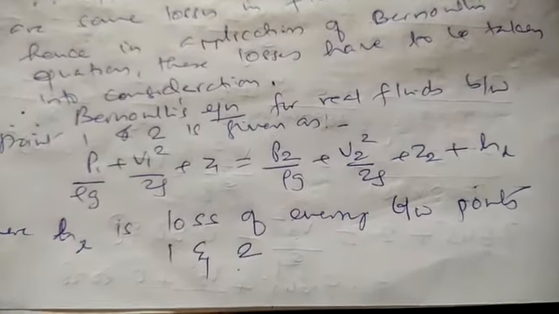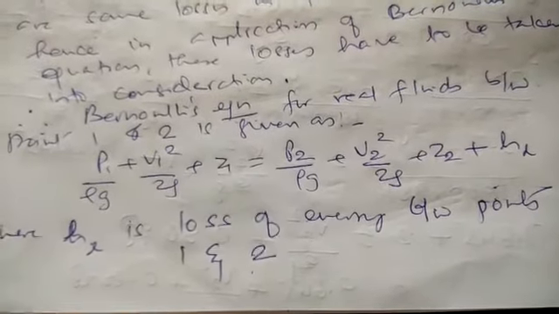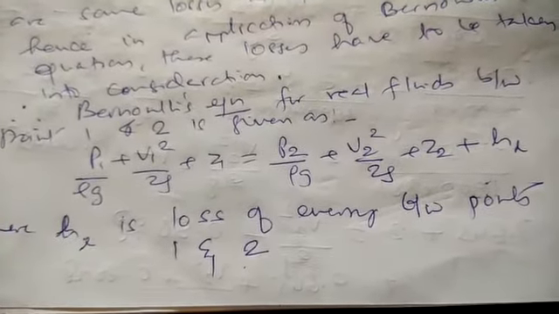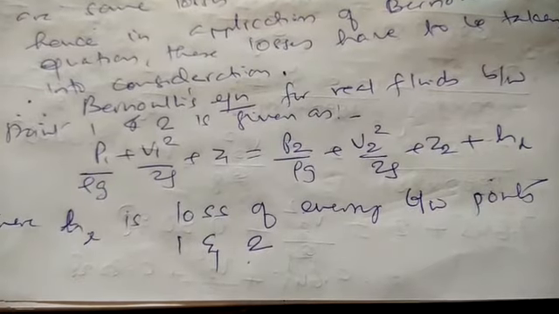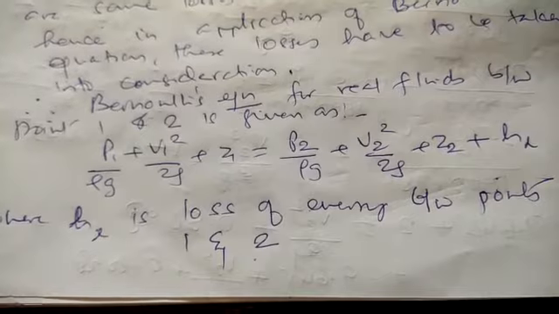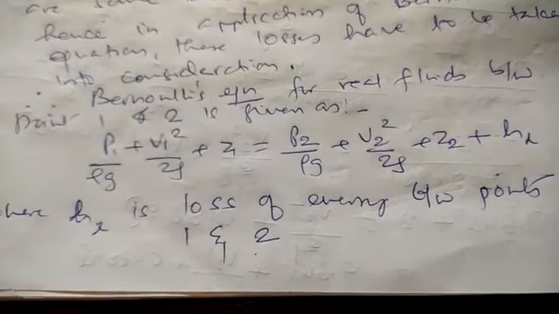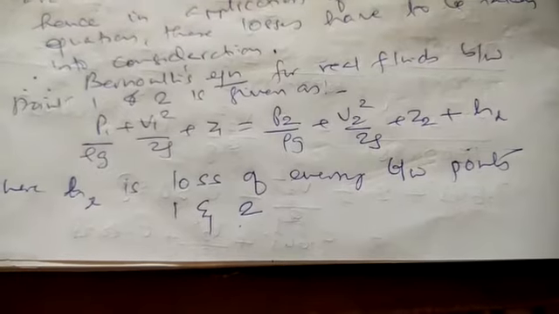In the last case where we derived the equation for ideal fluids, the equation was only till Z2: P1 by rho g plus V1 square by 2g plus Z1 is equal to P2 by rho g plus V2 square by 2g plus Z2. We did not take into consideration the losses, but here we are taking into consideration the losses, that is HL. HL indicates the loss of energy that is taking place between section 1 and section 2.